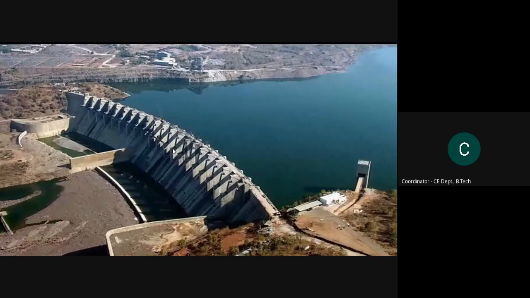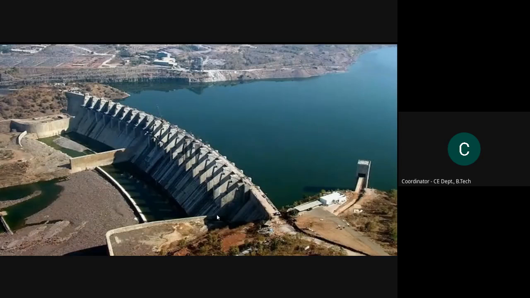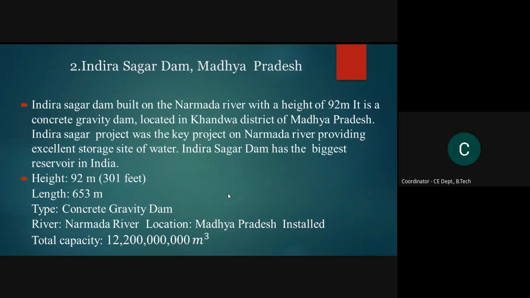So let us come to the point. This is Indira Sagar Dam, which is situated in Madhya Pradesh, built on the Narmada River. The previous one, Bhakra Nangal Dam, is on the Sutlej, and this is on the Narmada River, with a height of 92 meters, almost like a 30-floor building.